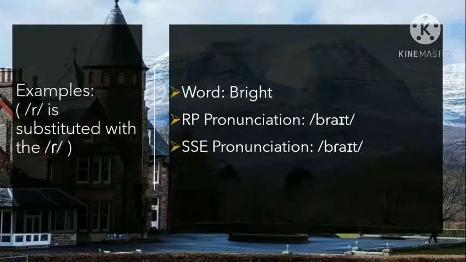The first example is the word bright. In RP English, the word bright is pronounced with the RP R, but in standard Scottish English, the phoneme R in the word bright is substituted with the alveolar tap R. The next example is the word red.